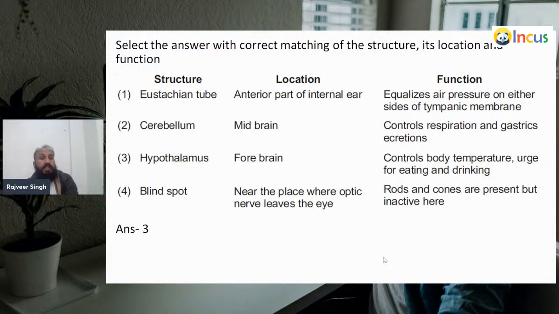Next question: select the correct one. Matching of the structure, its location and function. Eustachian tube, anterior part of internal ear, equalizes the pressure on either side of the tympanic membrane. Cerebellum, midbrain, controls respiration, gastric secretion.